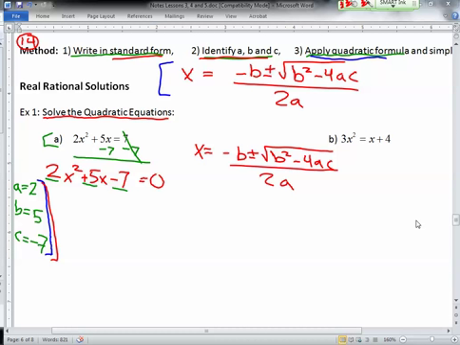So that's going to be x is equal to negative 5 plus or minus the square root of 5 squared minus 4 times 2 times negative 7.